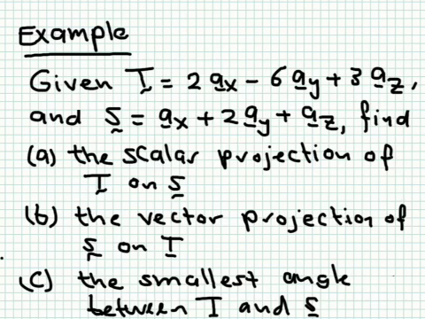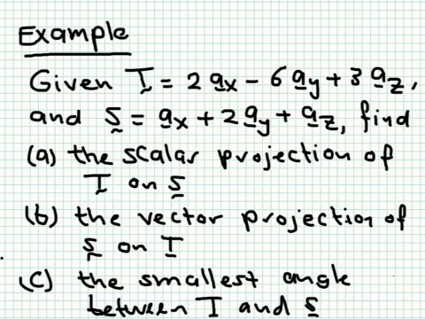The same thing applies if you want to get the scalar projection of s on t. You first have to determine the unit vector in the direction of t, and then you take the inner product between s and that unit vector. This will give you modulus s cosine theta, which is the length of that projection.